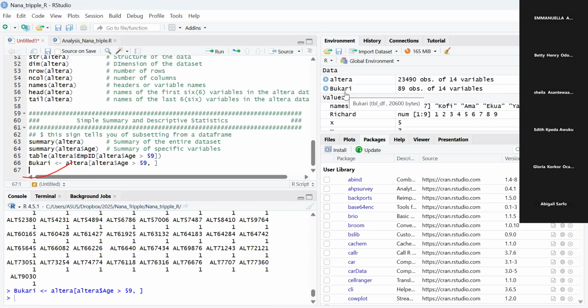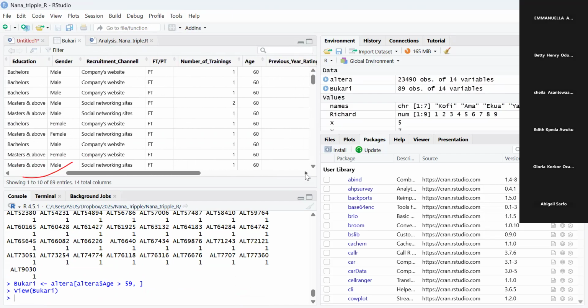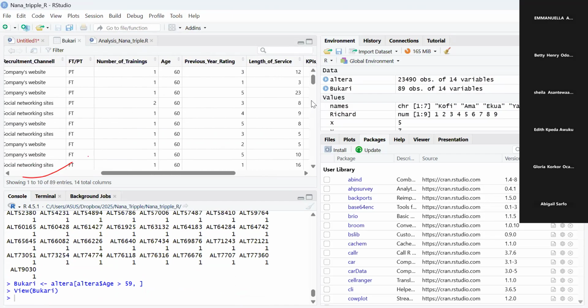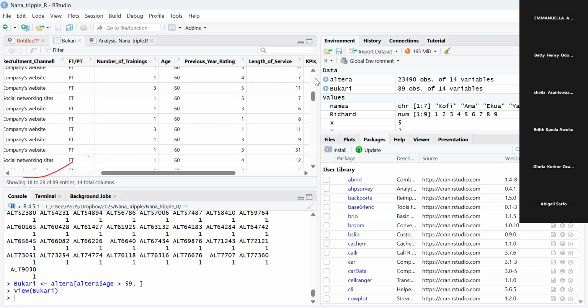Yes, please, Prof. Can you see the Bukari data set as generated? Yes, please, Prof. Okay, so click on the Bukari and let's see. And please, Prof, a quick one. Could you please tell why the comma after the 59 in this command? Yes, I'll tell you.